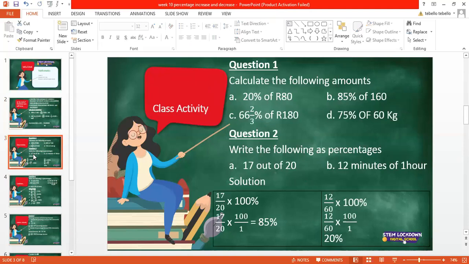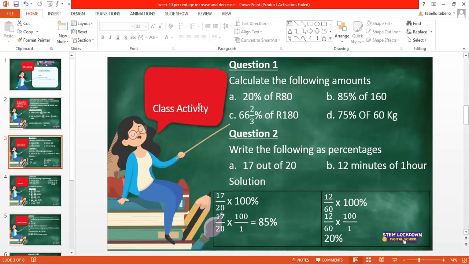So question 1, question 1a, they say calculate the following amounts, right? So we have a percentage and a whole number. Since we have a percentage and a whole number, we must calculate the amount of this.